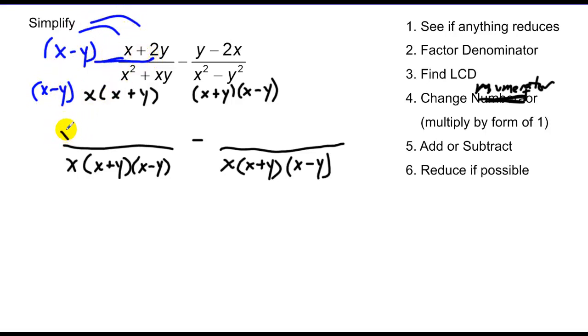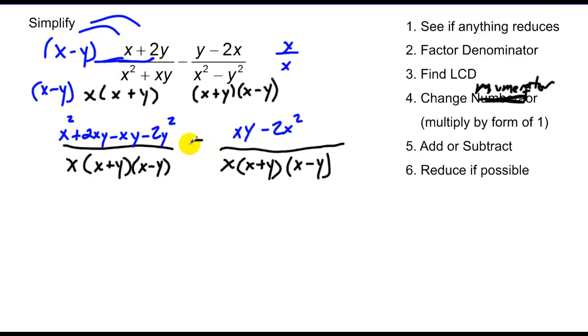So that gives me an x squared plus 2xy minus xy minus 2y squared. And then in this case, it looks like I just need an x. So I multiply the top and the bottom by an x, and I have xy minus 2x squared.